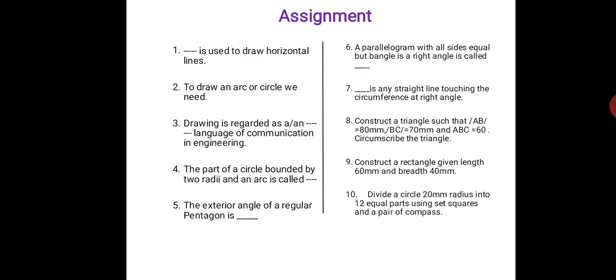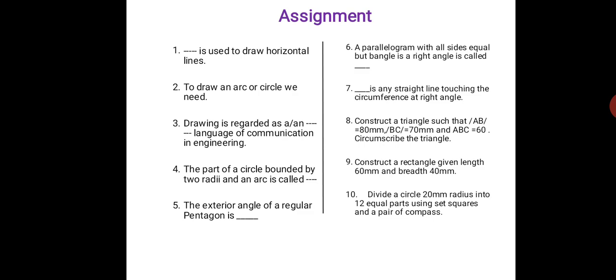Number 1, dash is used to draw horizontal line. 2, to draw an arc or circle, we need what? 3, drawing is regarded as a stroke and dash language of communication in engineering. 4, the part of a circle bounded by 2 radii and an arc is called dash. 5, the exterior angle of a regular pentagon is dash.